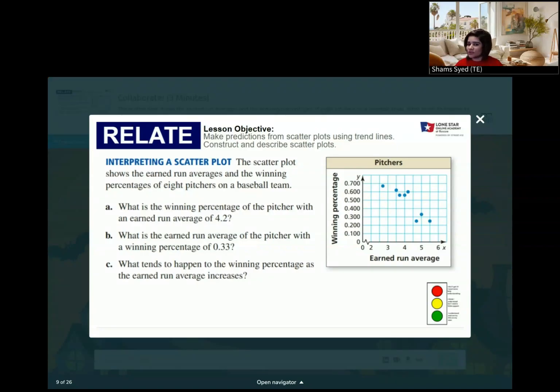The scenario says the scatter plot shows the earned run averages and the winning percentages of 8 pitchers on a baseball team. Part C says, what tends to happen to the winning percentages as the earned run average increases? Timer for 3 minutes will be turned on.